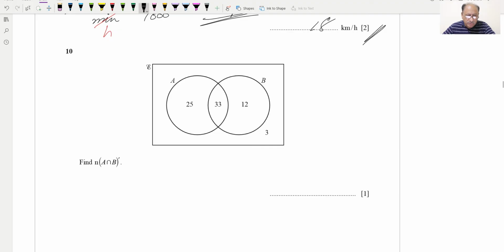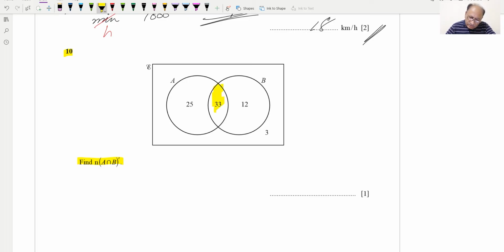Hopefully you understood this. Now question number 10: a diagram is provided, and the diagram is this one. We are asked to find n of the members of this set, and the set is A intersection B complement.